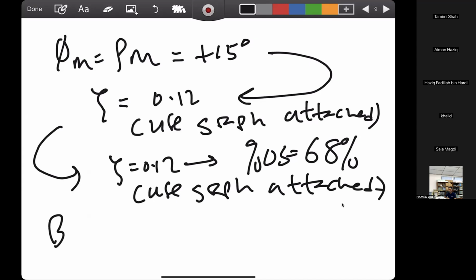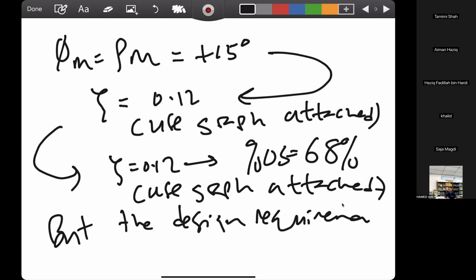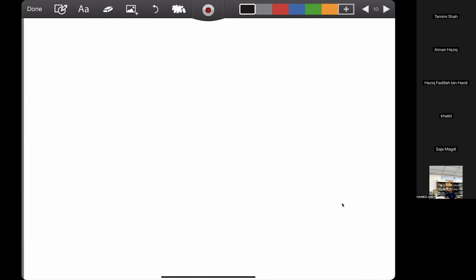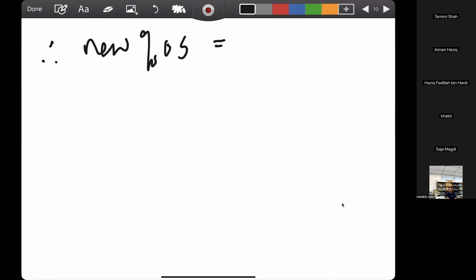But the design requirement needs to reduce the overshoot percentage by 10%. So Khalid, the new overshoot will become, we'll go to the graph again.